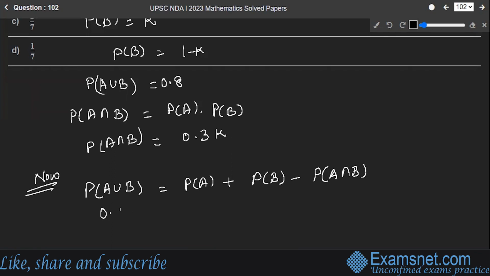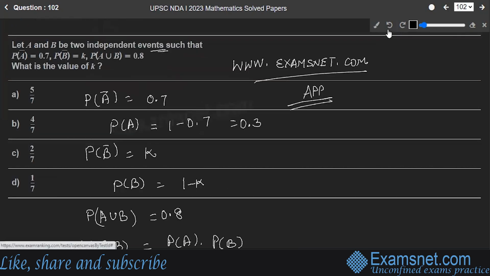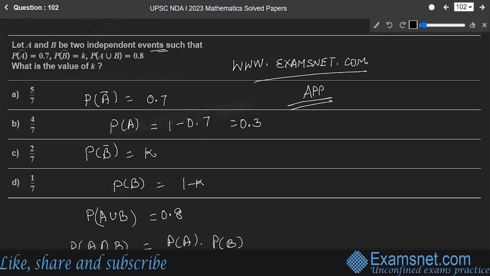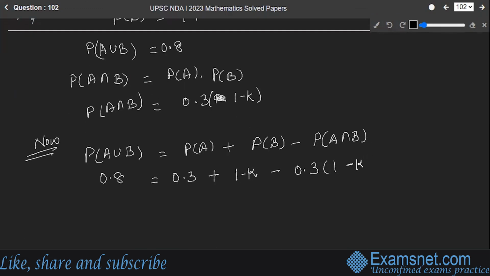So 0.8 is equal to 0.3 plus 1 minus K, and 1 minus K minus 0.3 into 1 minus K. Right? So these two will cancel out.